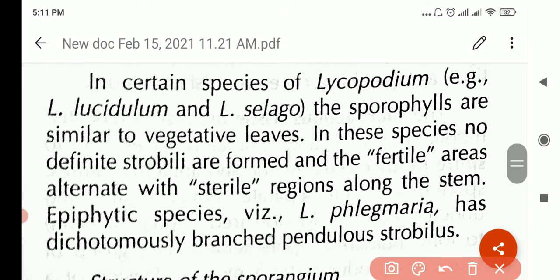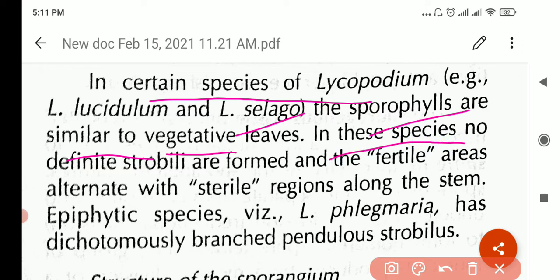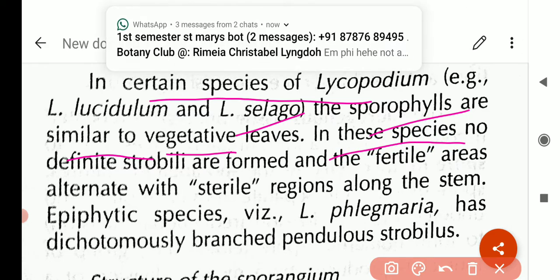In certain species of Lycopodium, for example Selago, the sporophylls are similar in looks to the ordinary leaves. So in this species you cannot know who is ordinary and who is fertile because they look alike. So here it is completely random.